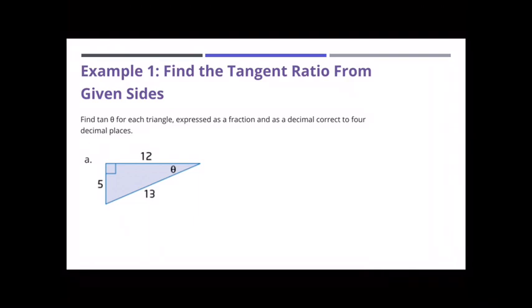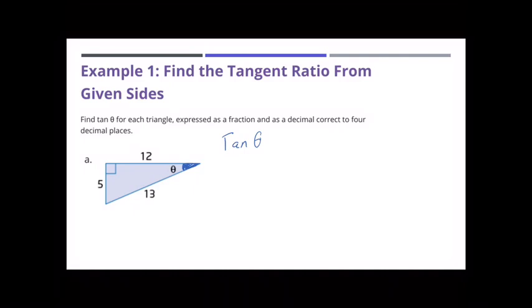All right, straight into example 1. Find the tangent ratio from the given side. So find tan theta for each triangle, express as a fraction and as a decimal, correct to 4 decimal places. So we want to find tan theta of this angle.